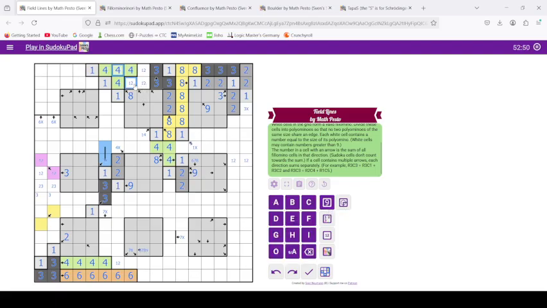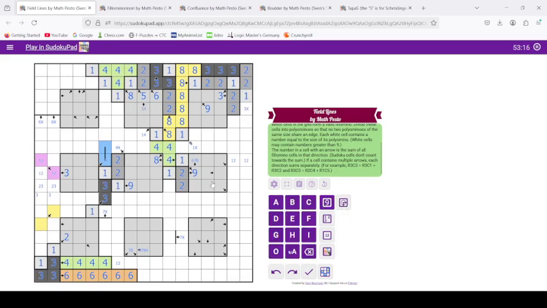This is a 2. Either 5 or 6. This one is 3 or 4. This one is a 6. Therefore this is a 5. 1, 2. That section is complete.